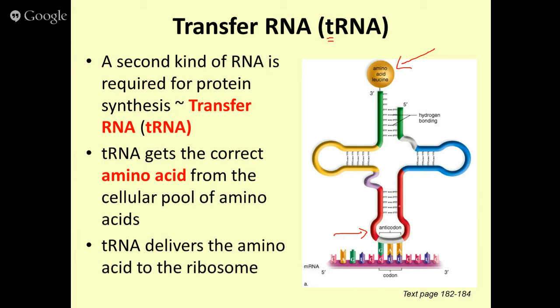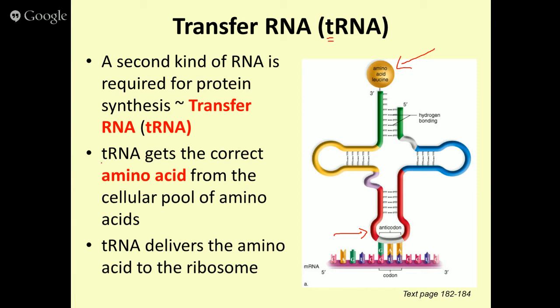So you can see here that the anti-codon is on the transfer RNA, and the anti-codon is a complementary match to the codon. So when we're trying to bring in the right amino acid at the right time, the codon is read by the ribosome. It gets the transfer RNA with the matching anti-codon, and then that brings the right amino acid into place. And this will make a lot more sense when you see the video of how translation works.